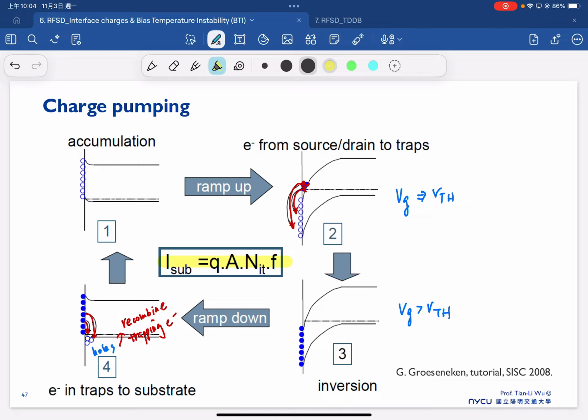From this equation, we have the NIT here, which is the interface trap density. This is also highly related to our frequency.